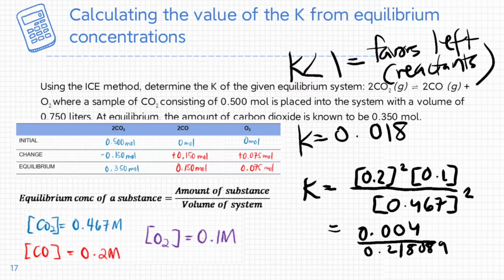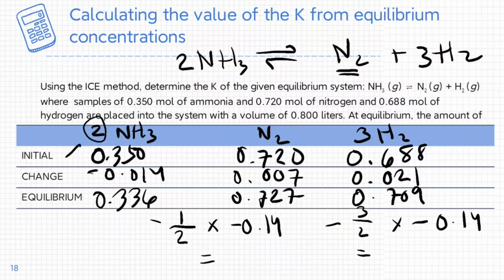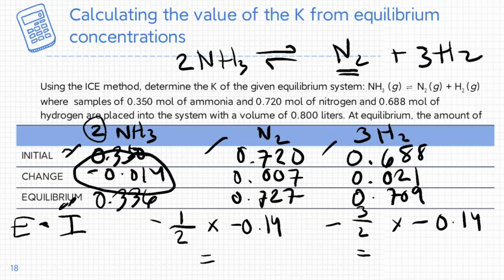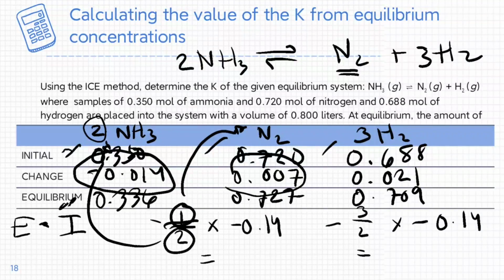So, kanina, meron lang tayong values nito and ito. So we got this by subtracting yung equilibrium minus yung initial. So nakuha natin yung change. And we got this by yung formula for your change in product, which is yung coefficient of your product over coefficient of your reactant multiplied by the change in your reactant.